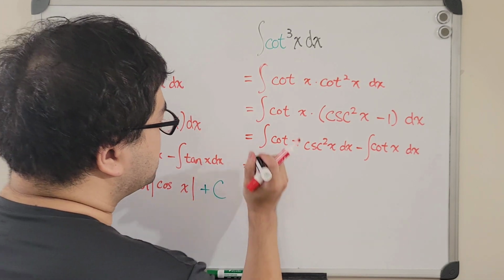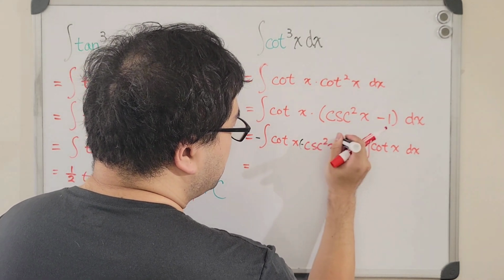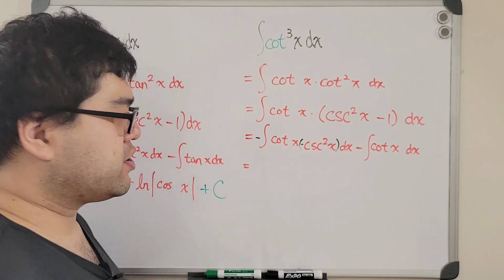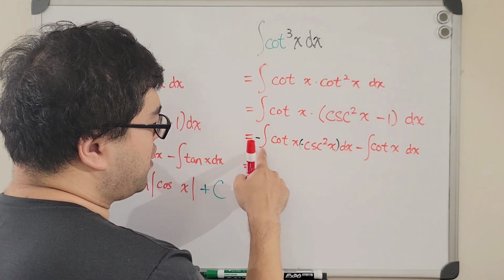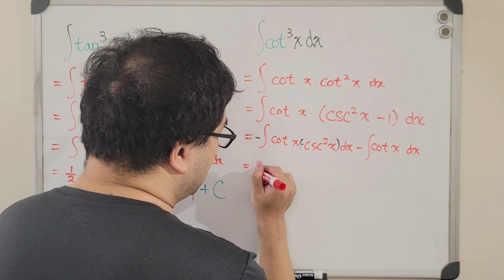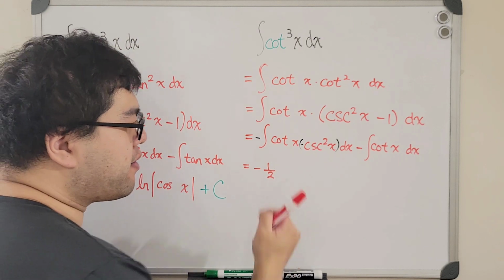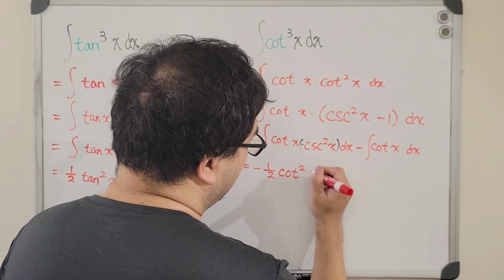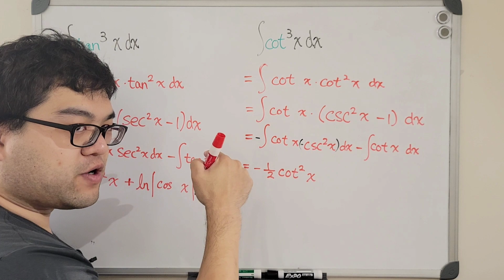Well, we can just put a negative sign in the front and then also multiply another negative inside of the integral so that we're not changing the value, such that now we will just get negative of the integral of u du here. And if we take the integral of it, we'll of course get negative 1/2 of u squared. And what's our u again? It will be cotangent. So we will have negative 1/2 of cotangent square of x for the first integral.